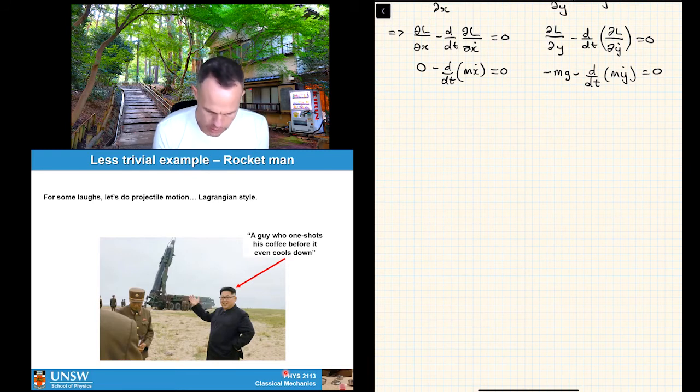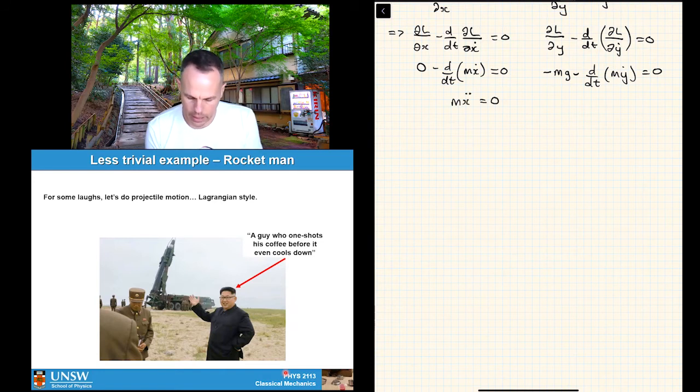The minus sign will disappear into the 0. So what we've got is m x double dot is equal to 0. And this one on the right here, what we'll get is minus mg minus m y double dot is equal to 0, which is basically m y double dot equals minus mg, or just y double dot is equal to minus g.